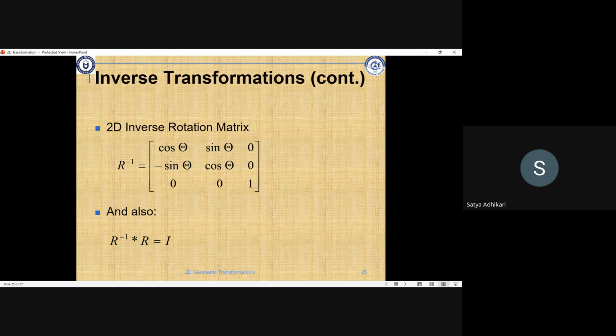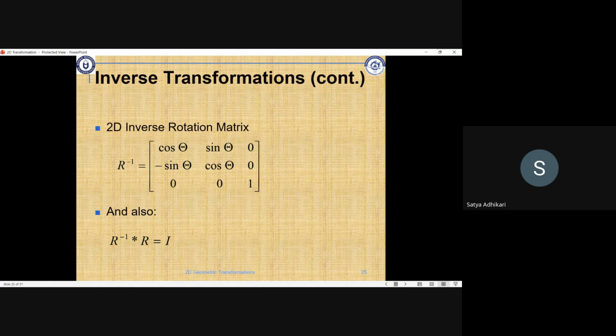That is, if you already rotated the object and then you want to retain the same original position again, you have to apply the inverse rotation matrix, the inverse rotation operation.